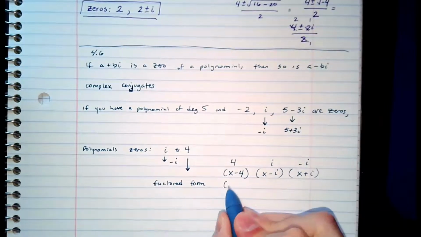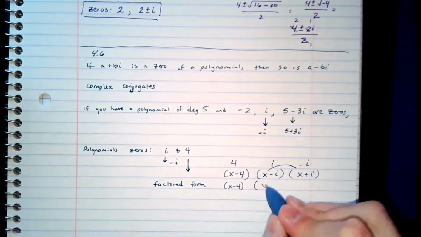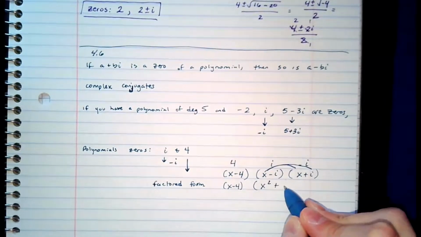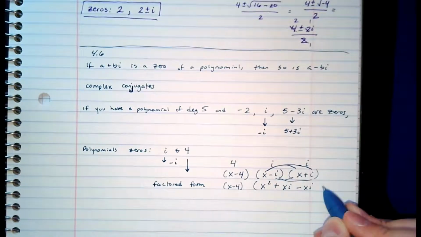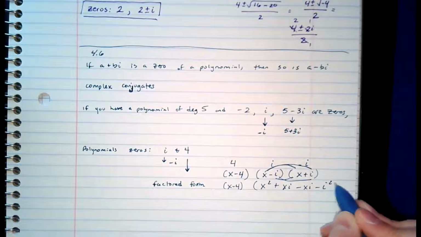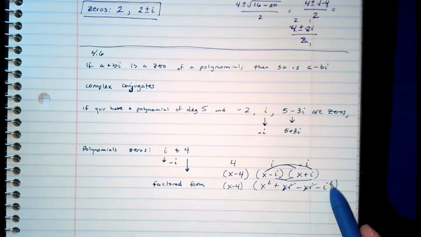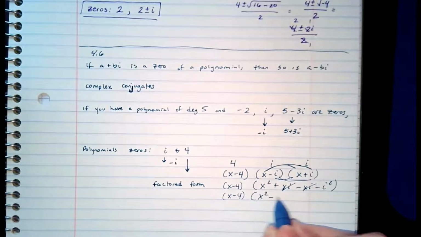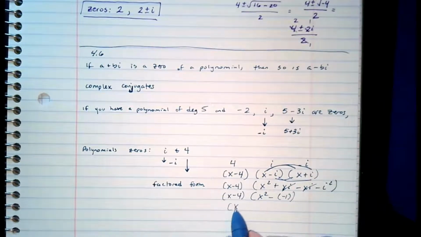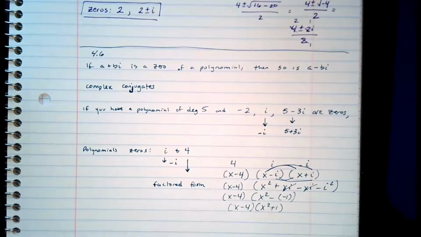So the x minus 4 would be fine, but then we're going to have to multiply these two things together. x times x, x times i, minus i times x, and then negative i times i is minus i squared. You will notice that when you multiply these conjugate factors together, the middle stuff always cancels. And then i squared is negative 1. So we get our factored form of x minus 4 times x squared plus 1.